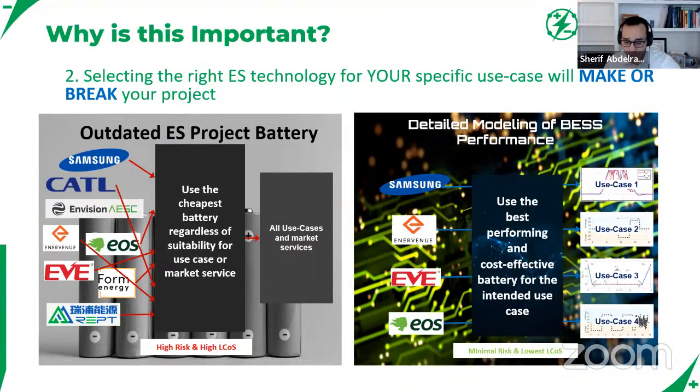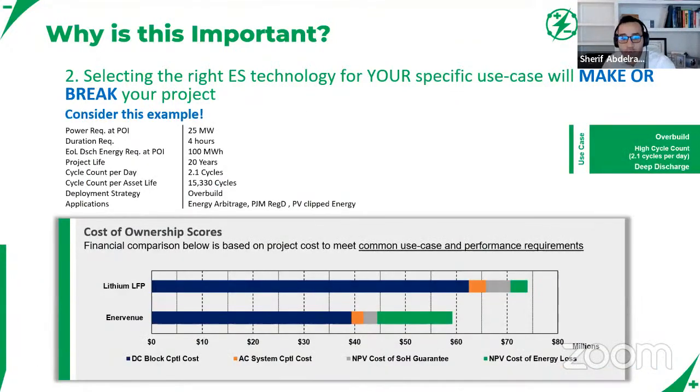I'm going to go through a quick example here. This is from an analysis performed by Moemen's company, Storlytics, comparing lithium iron phosphate to a nickel hydrogen battery that is gaining a lot of interest today, called Venue.